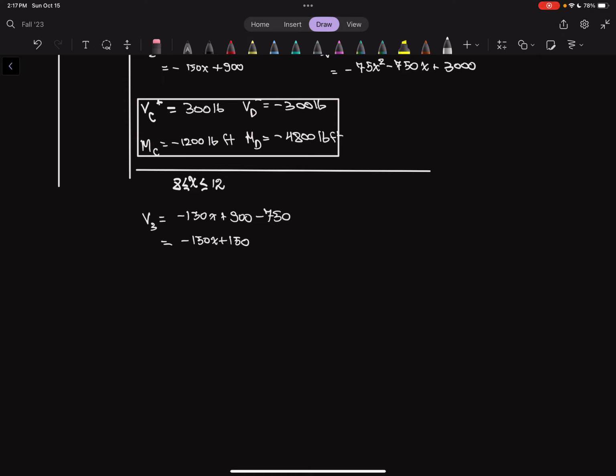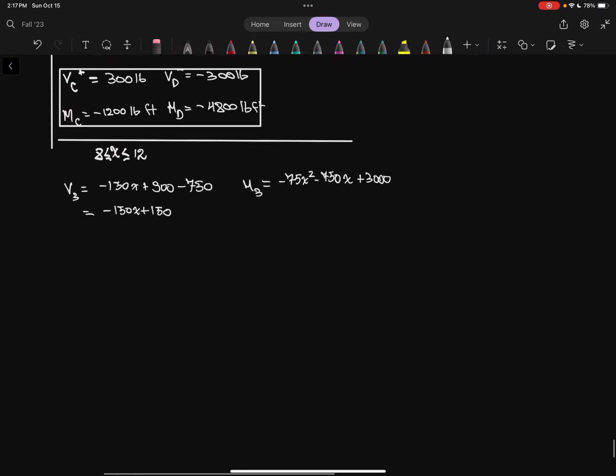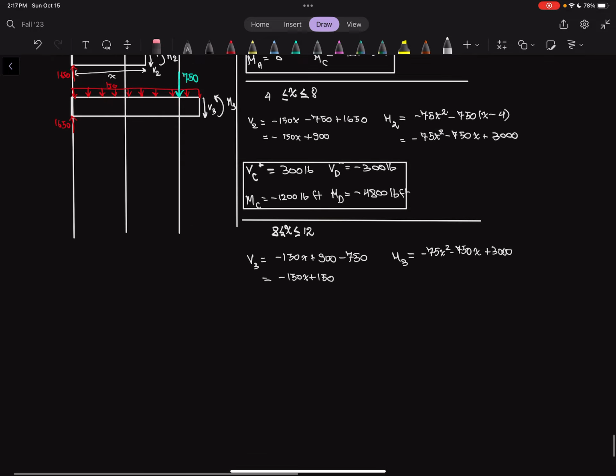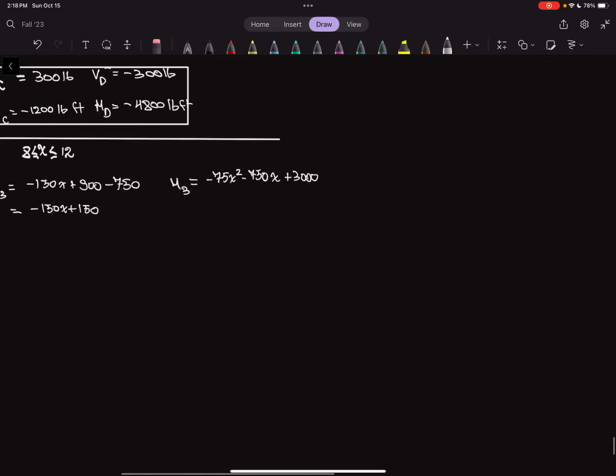Now, let's do the same with the M3. It's going to be the same as before, minus 75x squared minus 750x plus 3,000. And then we have that minus 750 times x minus 8.